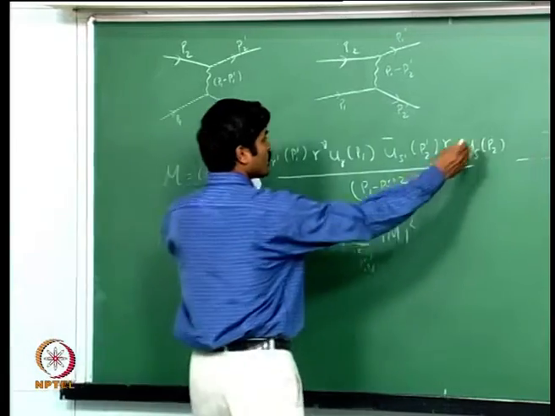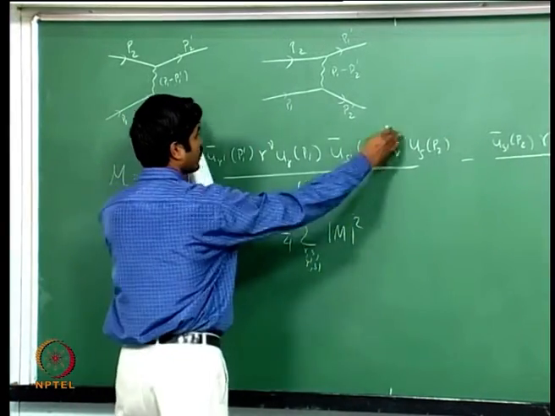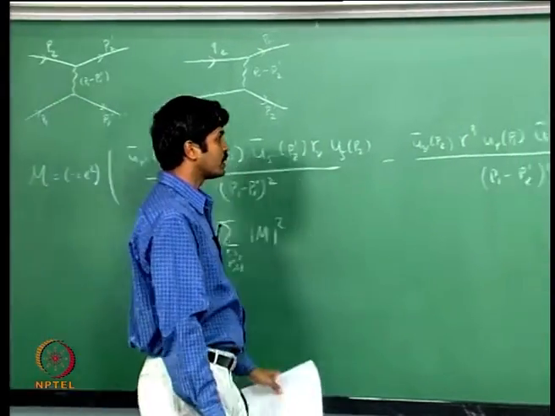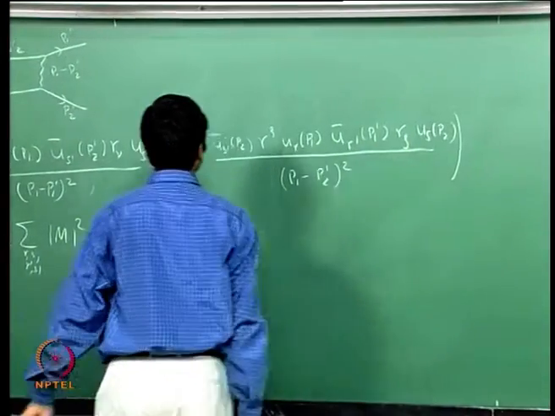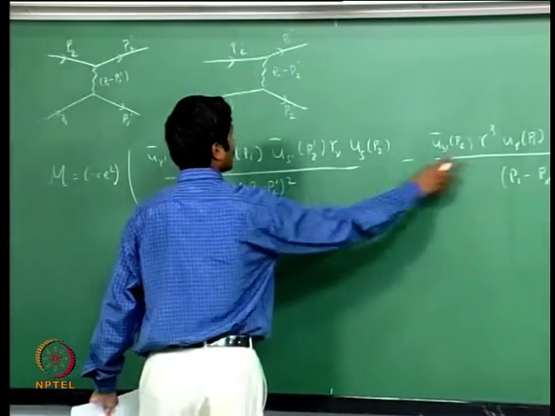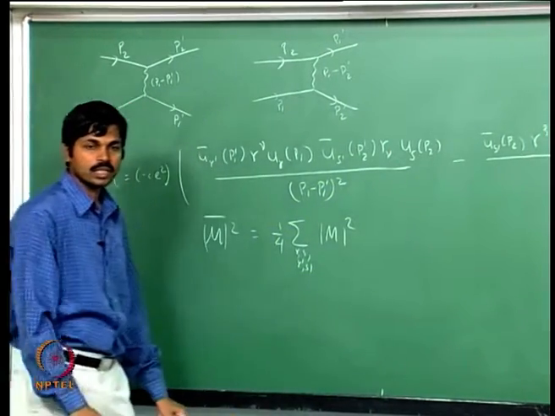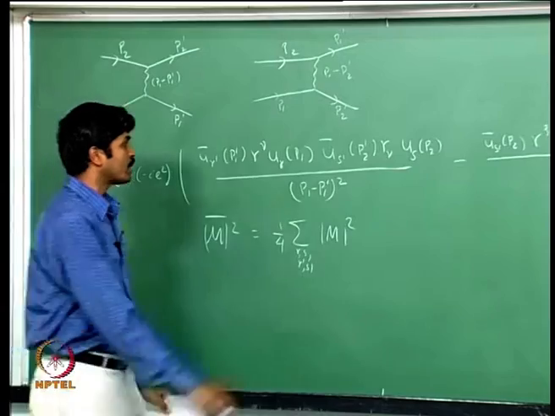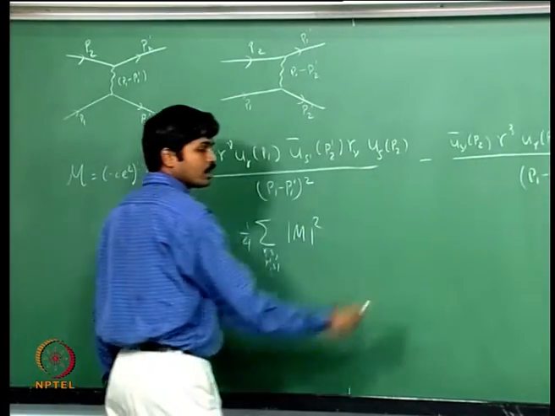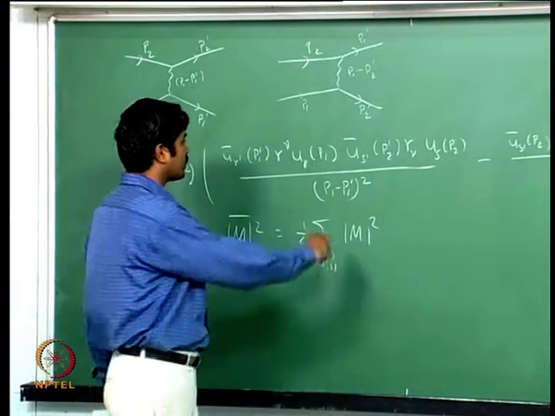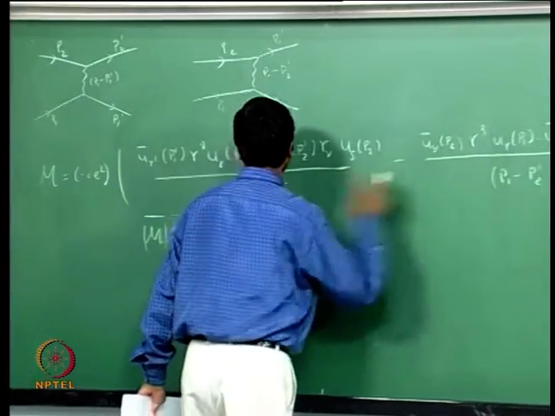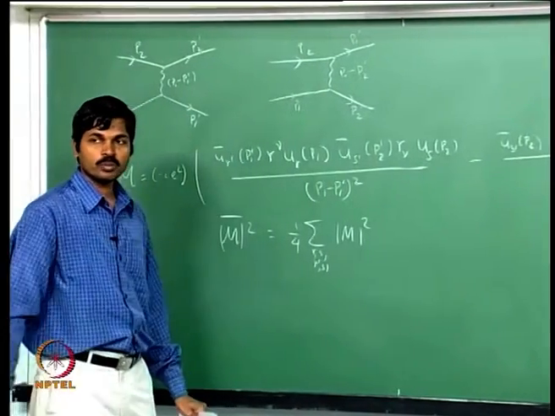One of them is the mod square of this, the other one is the mod square of this, and there are the cross terms. We have evaluated the mod square of this in the last lecture, and we will now evaluate one of the cross terms. The other two terms will be obtained by exchanging P1 prime with P2 prime.